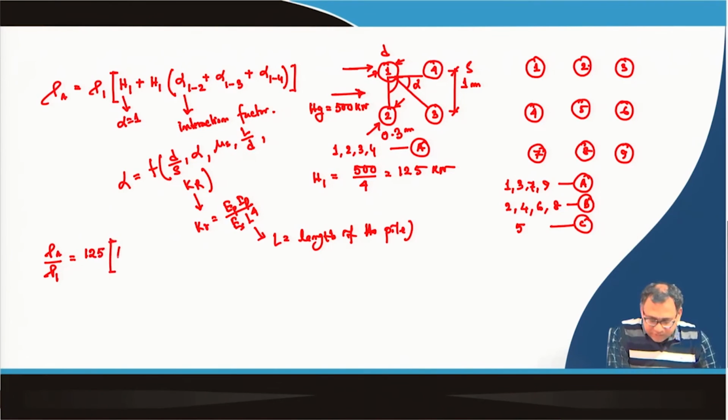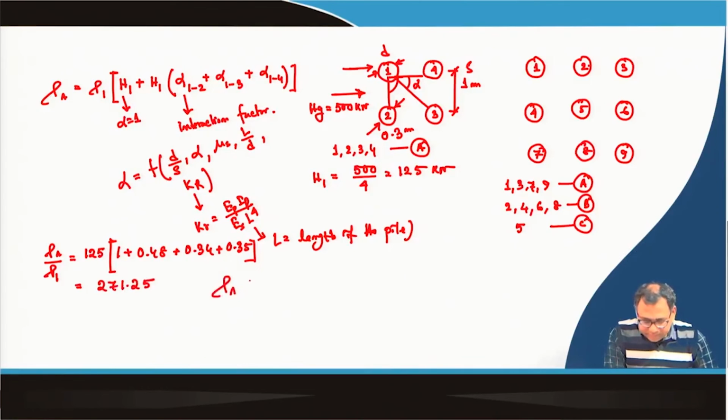So, this will be 1 and 1 2, this is given as 0.48, then alpha 1 3 is 0.34 plus alpha 1 4 is 0.35. So, these are the values, and then finally I will get 271.25.